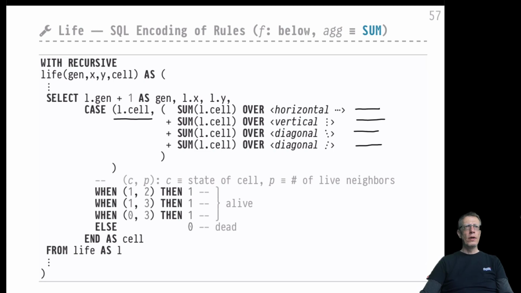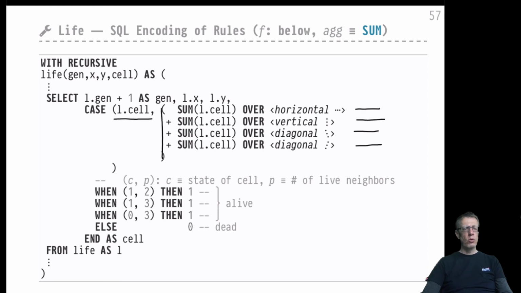Well, in Conway's game of life, we only count the number of alive cells. So all we have to do here is indeed sum up the cell states of all the cells in our neighborhood. In all, this parenthesis here will give us the neighborhood count, the count of cells that are alive in our neighborhood.